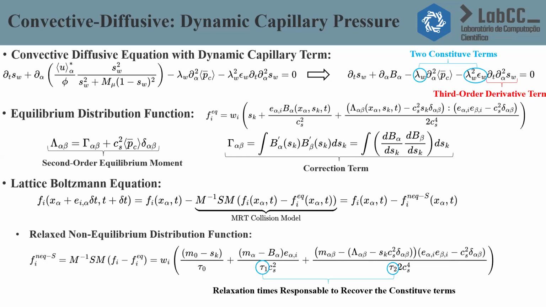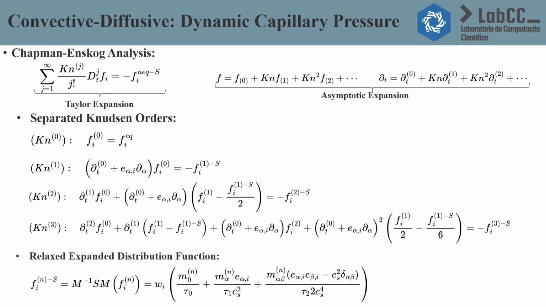In this MRT collision model, I will have 3 relaxation times, but tau 0 doesn't matter. The modeling satisfies the saturation balance, so its value doesn't matter. The other 2 relaxation times, tau 1 and tau 2, will be responsible for representing the 2 constitutive terms.